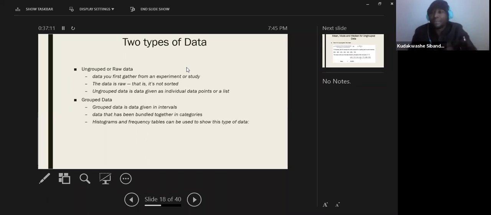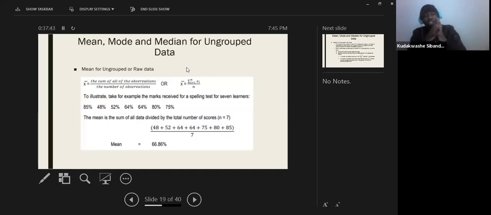So that data is no longer given as individual data points, but we have grouped those people together. This type of data is given to you by your lecturer in the form of a histogram or a frequency table. So when your lecturer gives you an assignment, if the data is raw, it will be given as individual data points. But if your lecturer gives you grouped data, they will give you a frequency table. That is how you determine whether the data is grouped or ungrouped.